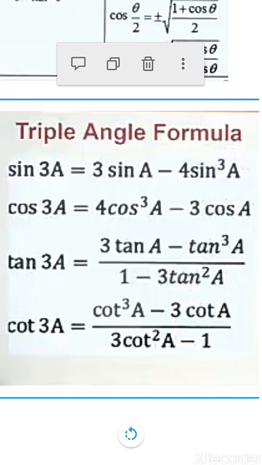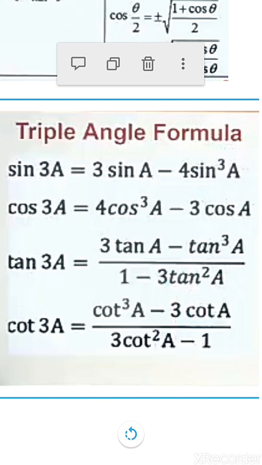I again remind you, when you have to go with the inverse trigonometric functions, the formulas of trigonometric functions which we have done in class plus 1 are very important. If you don't know trigonometric formulas, you will not be able to solve inverse trigonometric functions.